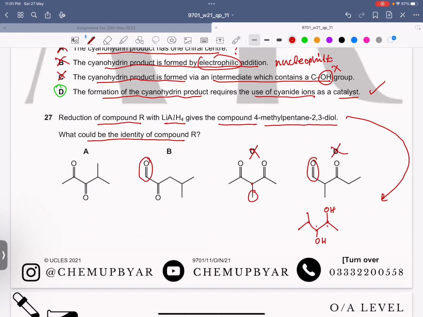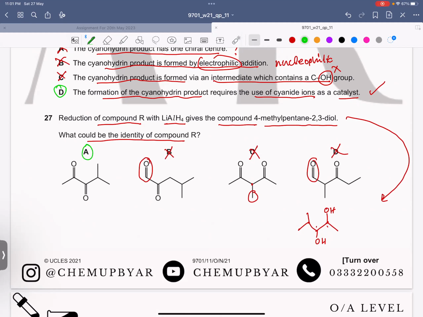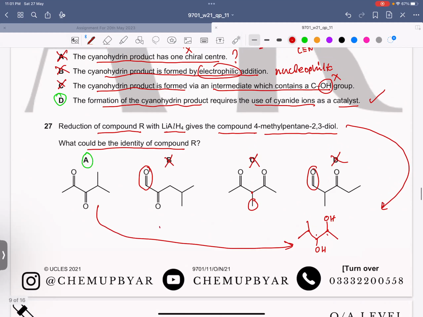In the same way, the aldehyde on the first carbon in B also makes it wrong. So A is the correct answer. There are two ketones, and both the ketones on reducing turn into two secondary alcohols contained by one molecule.